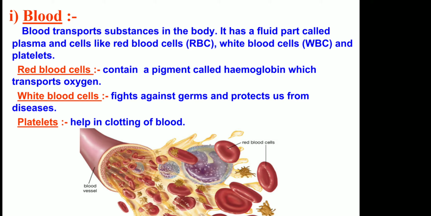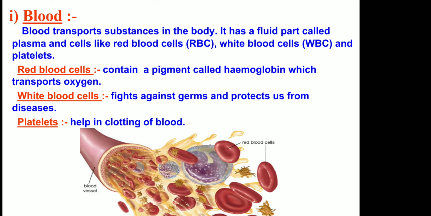They fight against germs and protect us from disease. So in short, we may say they form the defense mechanism of our body. Now the platelets, these are small irregular shaped cells which help in clotting of blood.